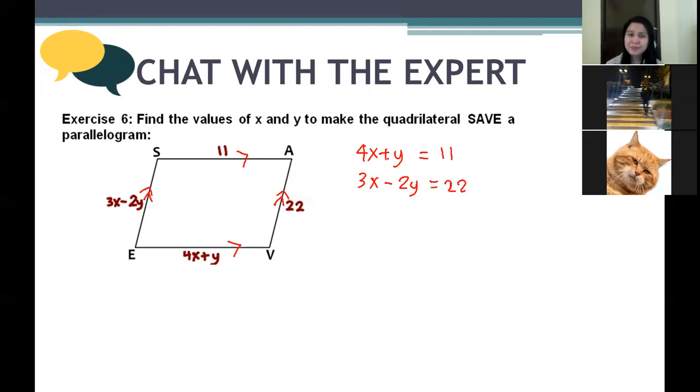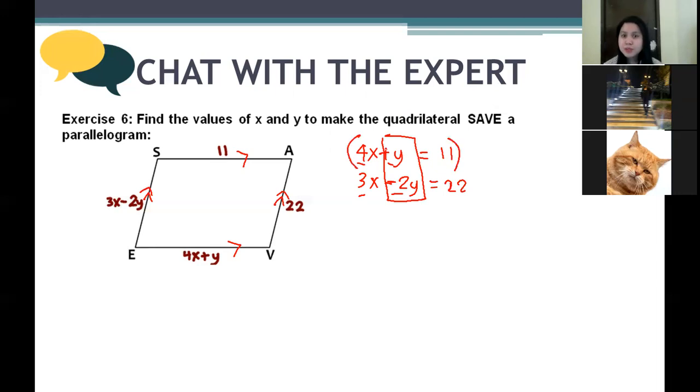Okay, now for x we have 4 and 3. For y we have -2 and 1. So let's make our y 0. What's the sign for y in the bottom? -2y. What makes it 0? If it will be added with 2y.